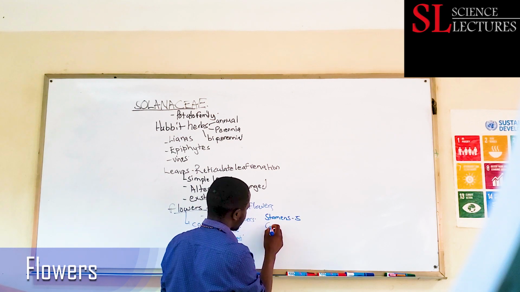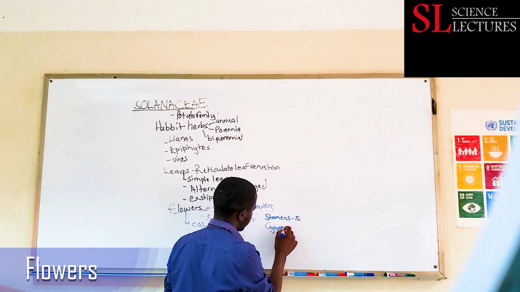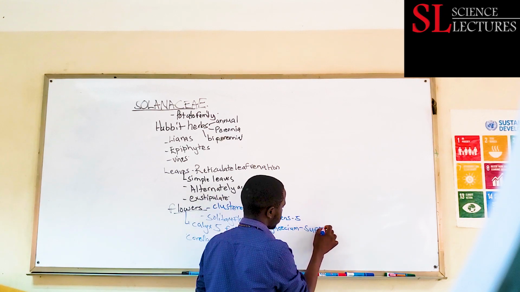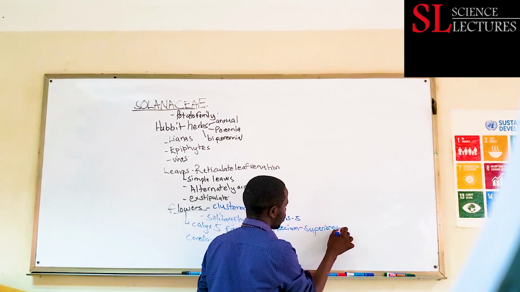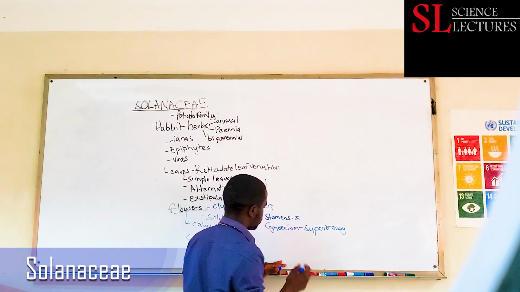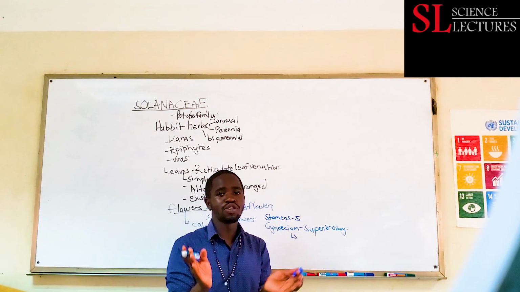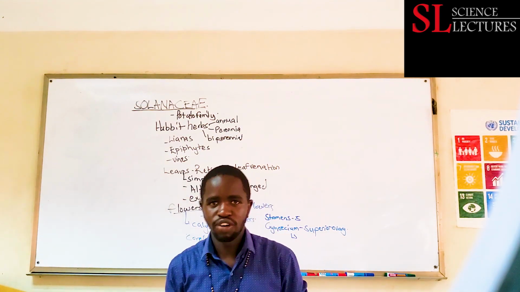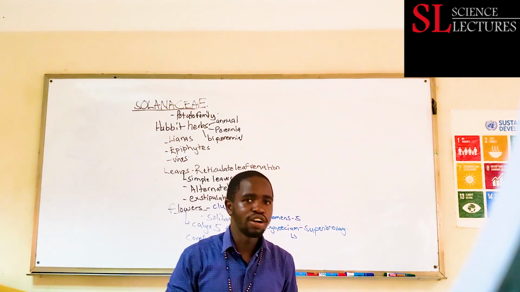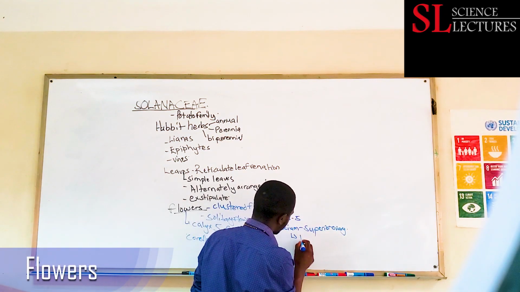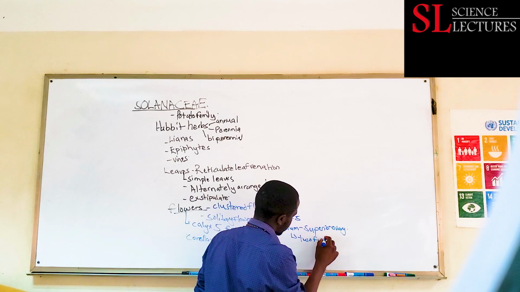Then you look at the gynoecium. The gynoecium is made up of a superior ovary. The superior ovary is the one that grows above other floral whorls. This is not common for the whole family. There are some members that have an epigynous ovary, but generally all members have a superior ovary. Then the ovary is made up of two fused carpels.